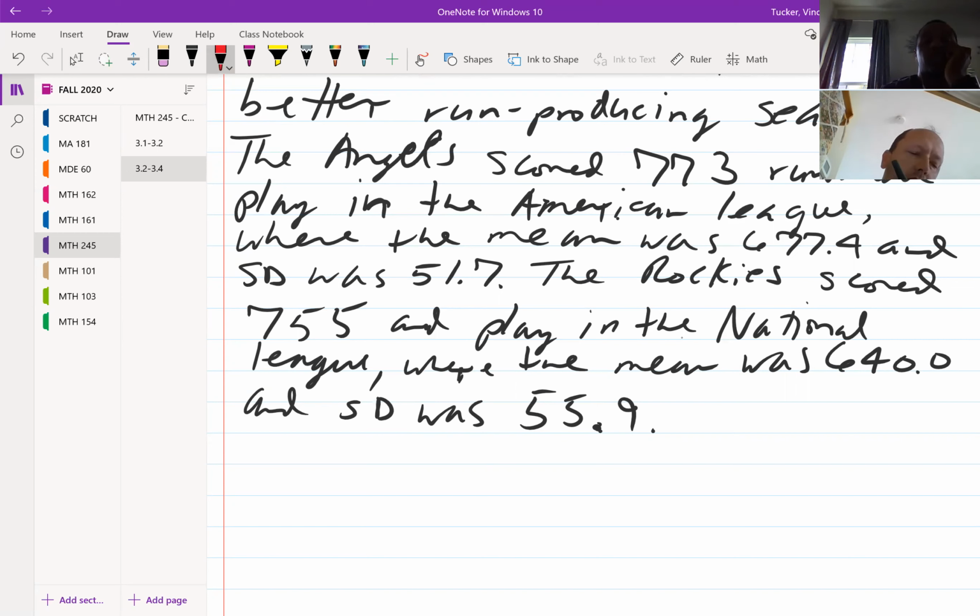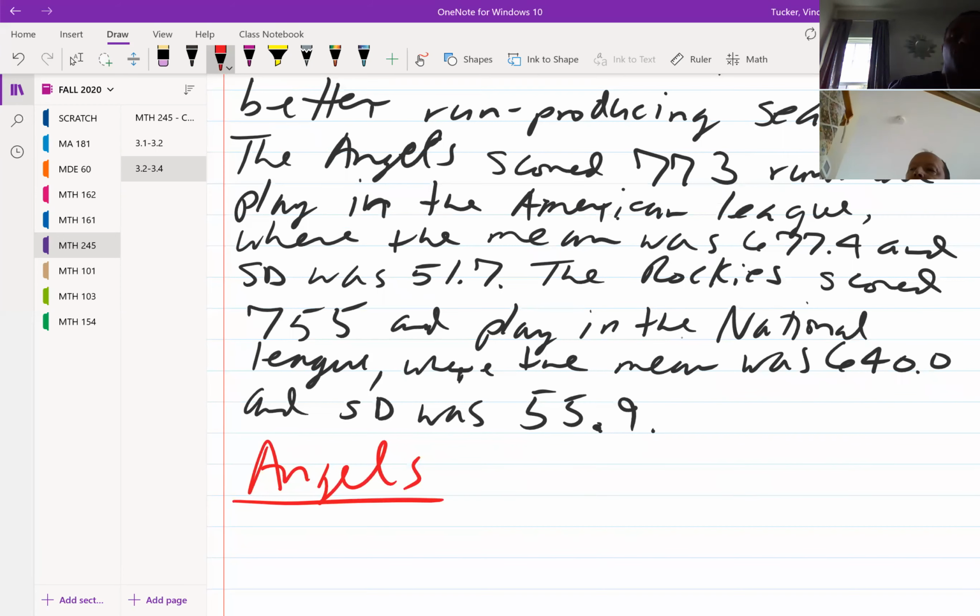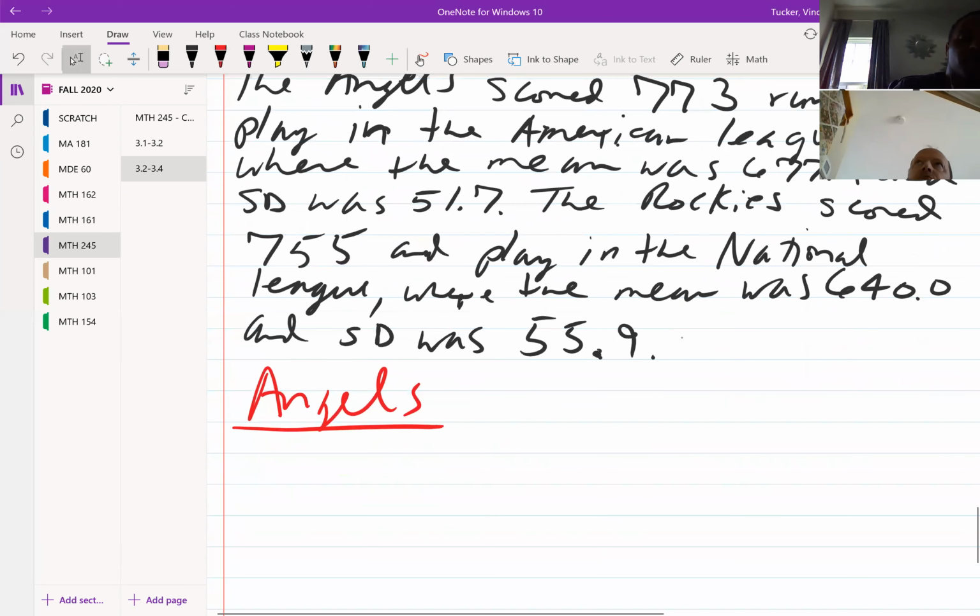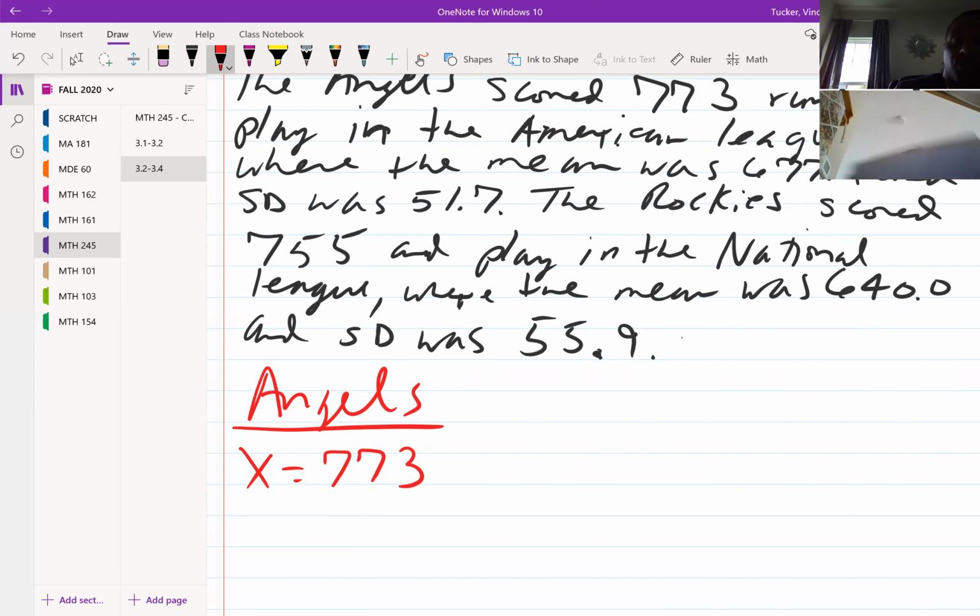All right, so first thing we'll do is look at the information for the Angels. So they scored 773 runs, so that's going to be our data value. That's the one we want to convert to a z-score. The mean, 677.4.